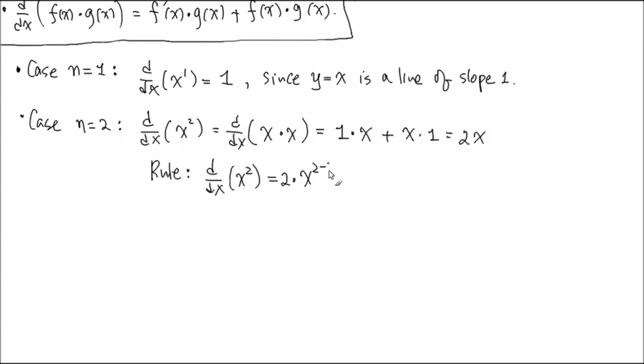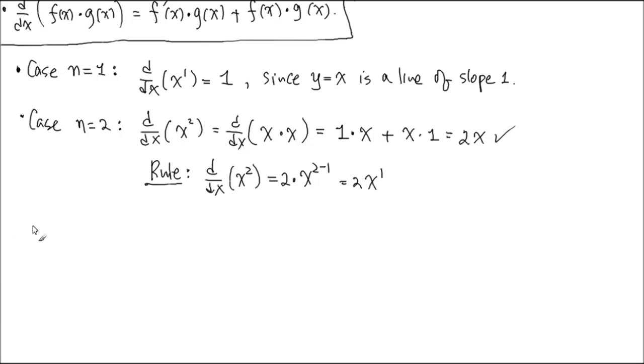Isn't that what the rule says? It's supposed to be 2 times x to the first, which is what we have calculated here. Not using that rule, but using the product rule, we proved it. This rule that I gave you wasn't proved. I just proved the case when the exponent is 2. Does that make sense? All right.